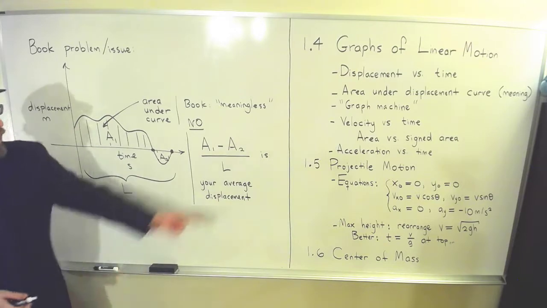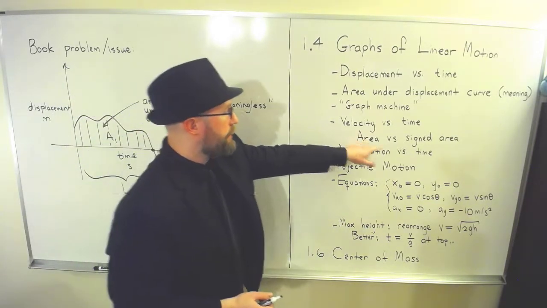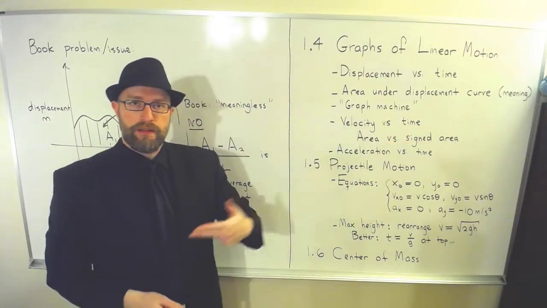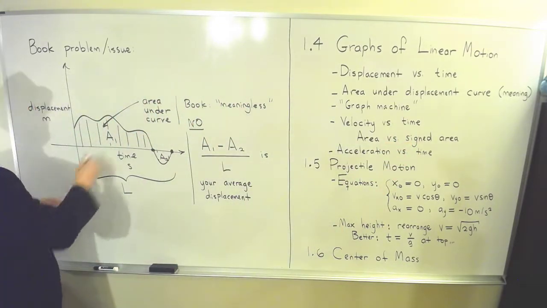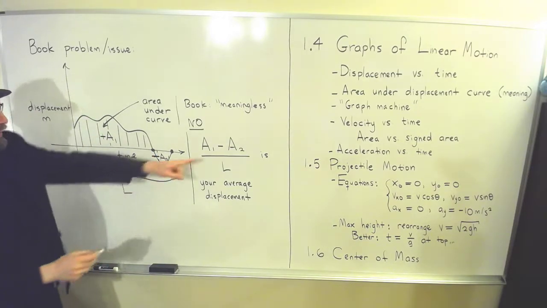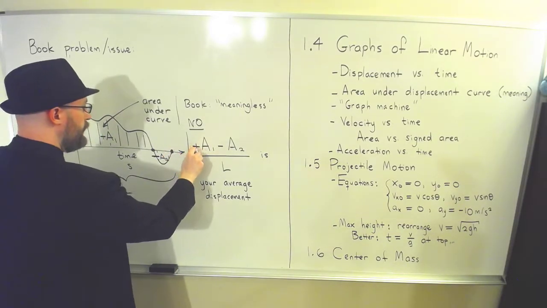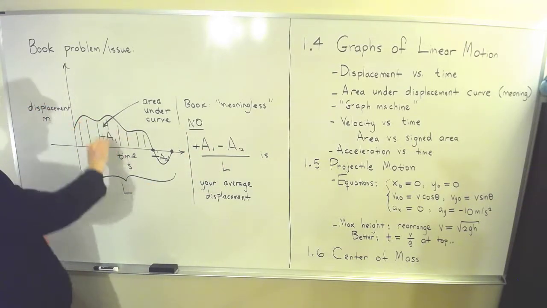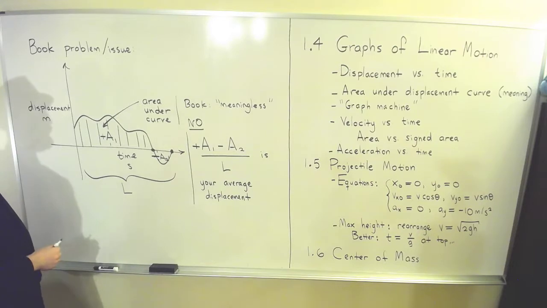That's what it means. Notice I'm going to talk about area versus signed area. The word sign means a positive sign or a negative sign. So here A1 has a positive sign associated with it, and A2 has a negative sign associated with it, which is why there's a plus sign here and a minus sign here. That's because this area is above the axis and this area is below the axis.